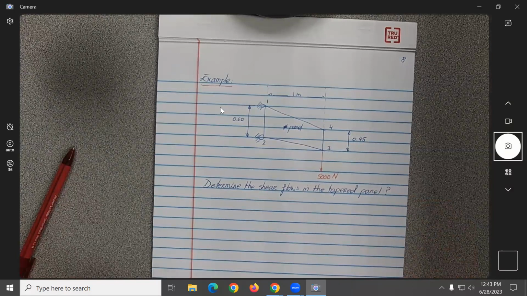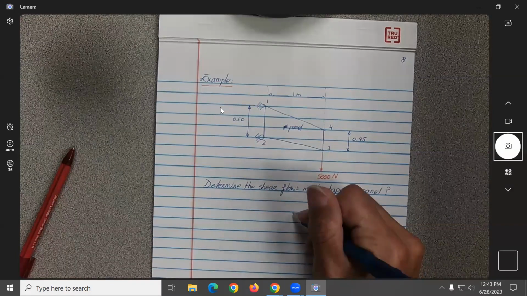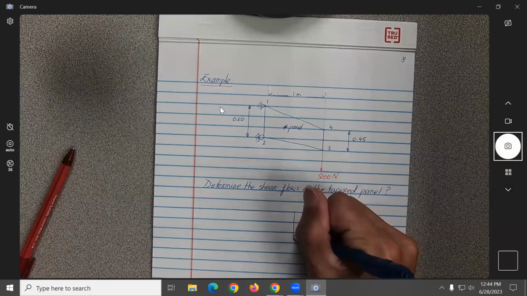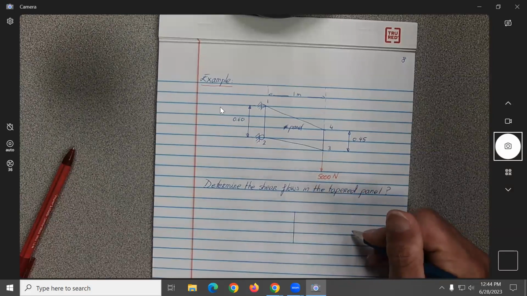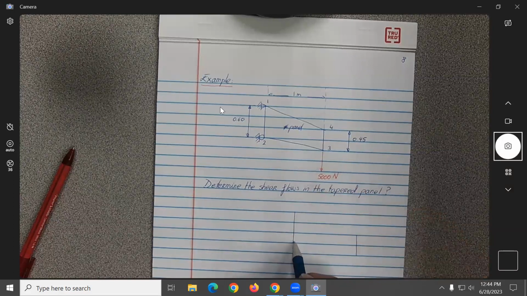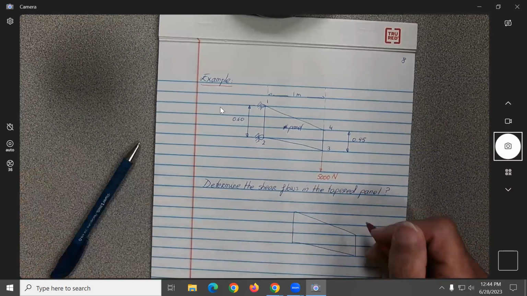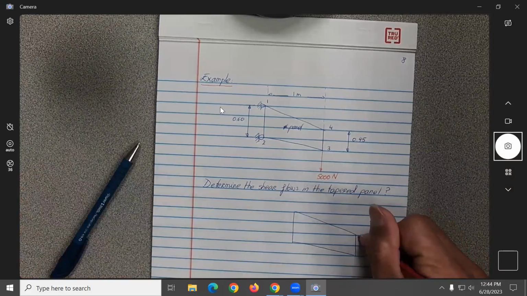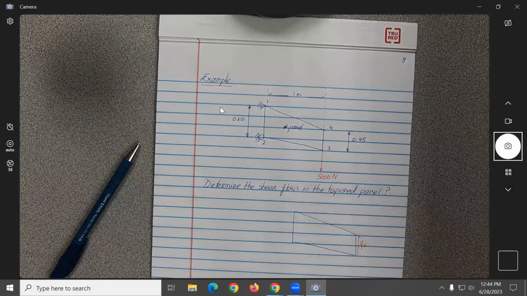So maybe for simplicity, let's just see which one represents what. So this would be 3, 2. All right. So this side would be what? Remember, we take that one as a reference to be the short.